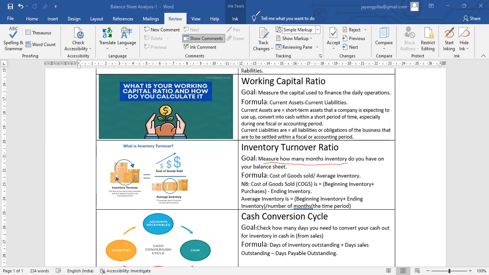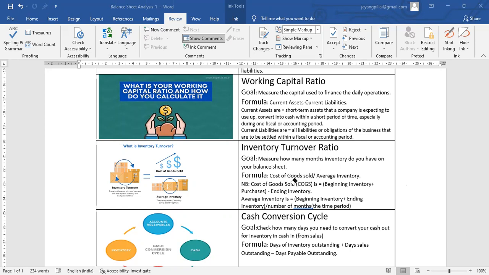That inventory turnover ratio is very useful in knowing how long inventory stays, how many months of inventory we have.